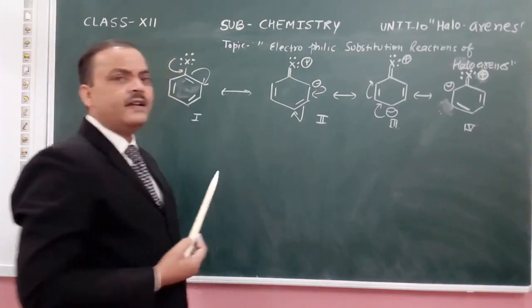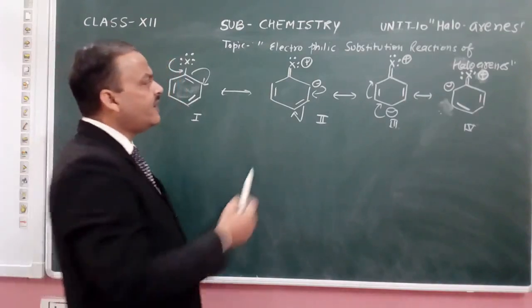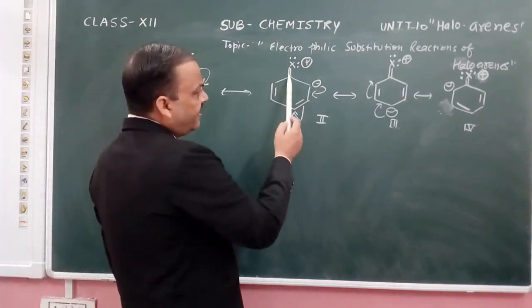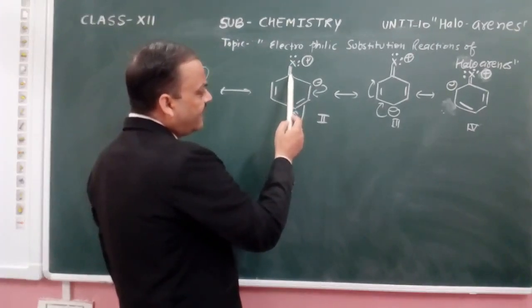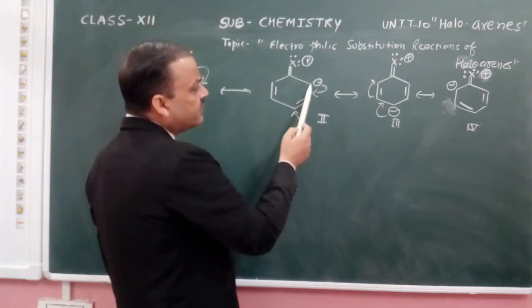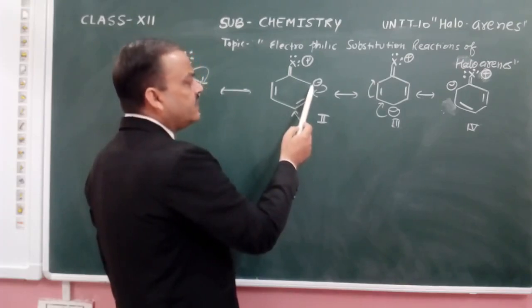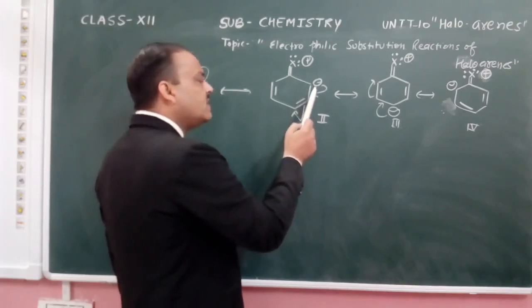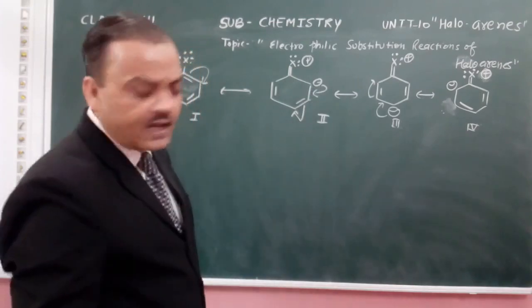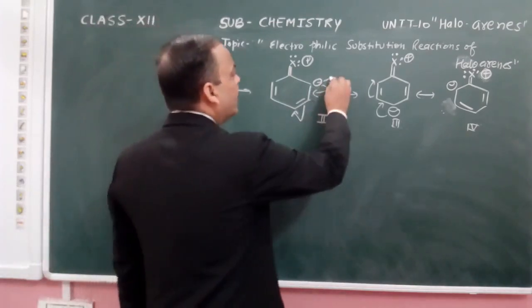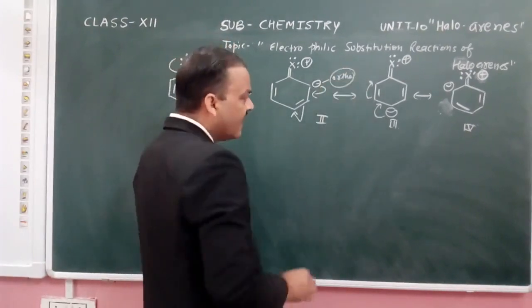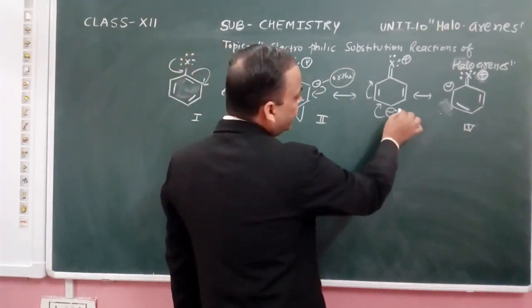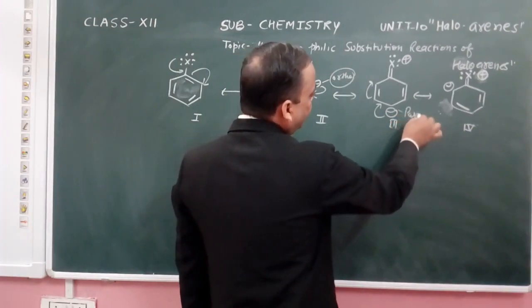On which carbon atoms is the negative charge coming? This carbon atom where the halogen is attached, and the carbon atom which is nearest to its position is known as the ortho position. So negative charge is present on that ortho position. This is the ortho position, and this position is the para position.